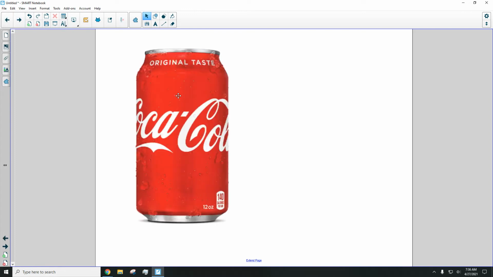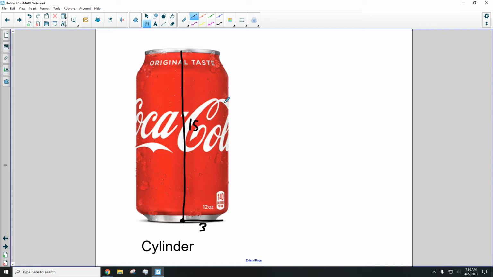So let's say that we have this can here, okay? Now, a can is a cylinder. And cylinders, just remember, in order to, well, let's just say this can has a radius of 3 and a height of 15.